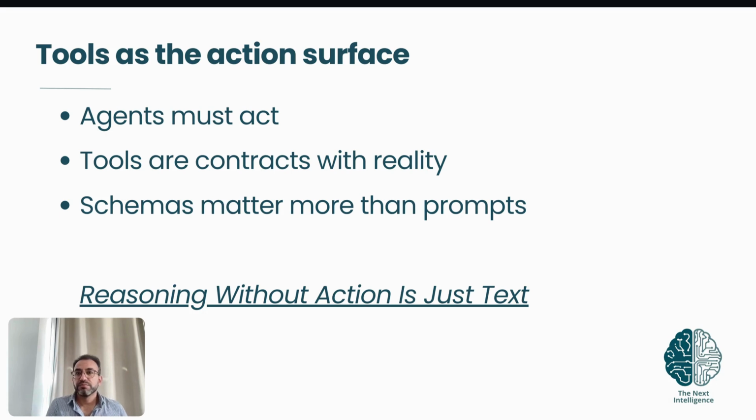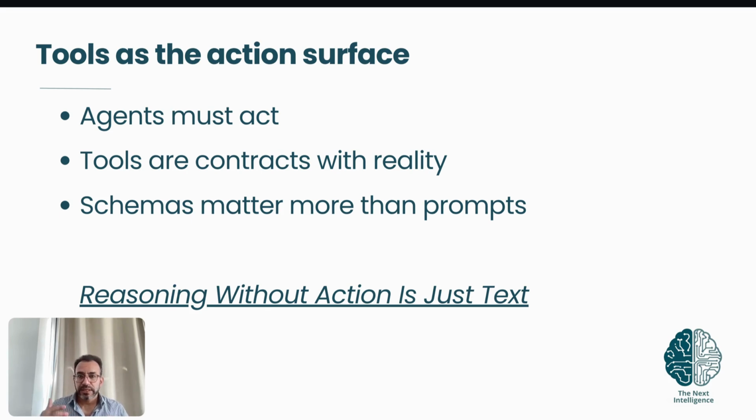Because the agent must act, we need tools, and the tools are the contract between the agent and the real world environment. Those tools should be well defined with their inputs and outputs, because they are the contracts. That's where the schema of the tool comes in as an important part.